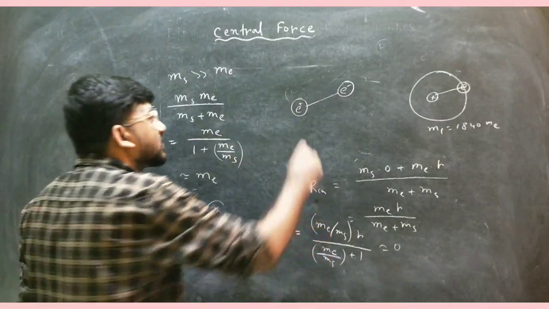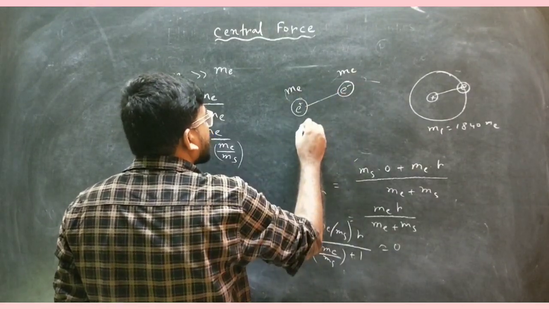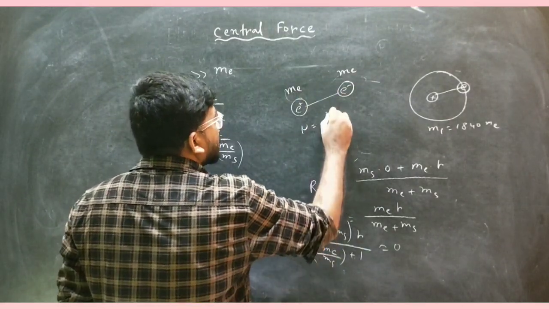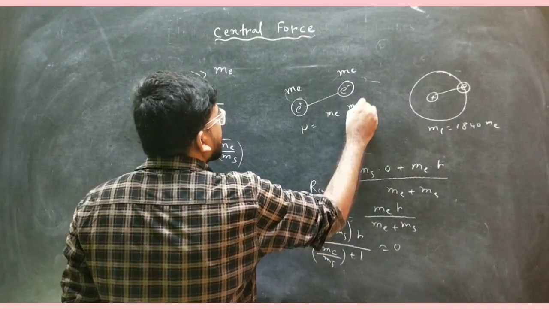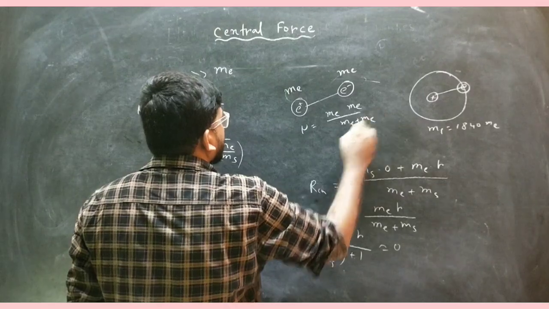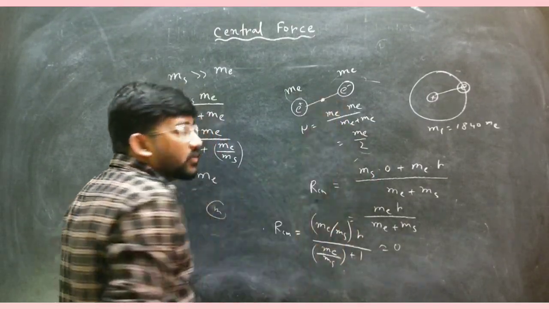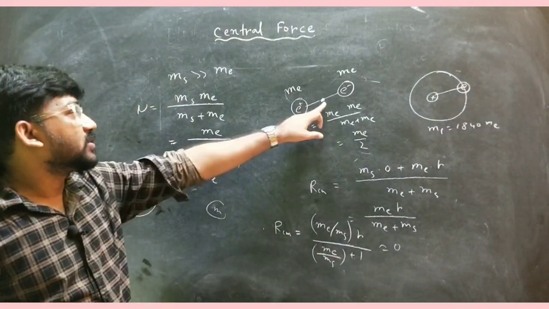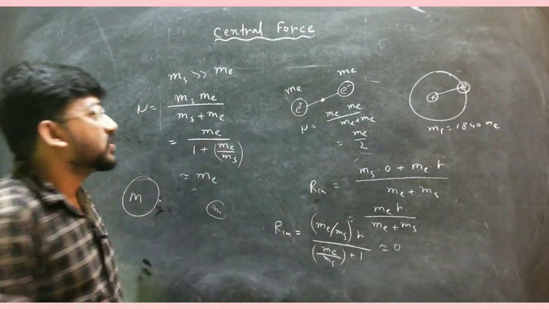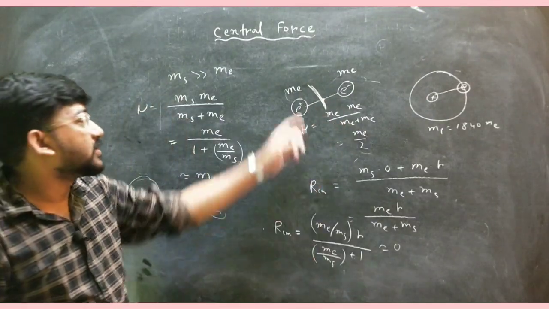So in that case, if you take this as mass me and this is also mass me, so your mu will be just me into me divided by me plus me, that will be me by 2, and in that case your center of mass will also be at the middle point. So you have to take the motion of this point. This is the equivalent point, equivalent system.